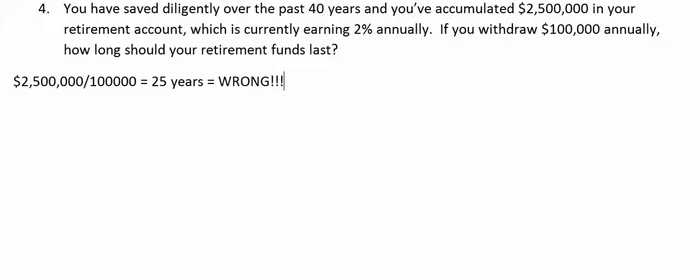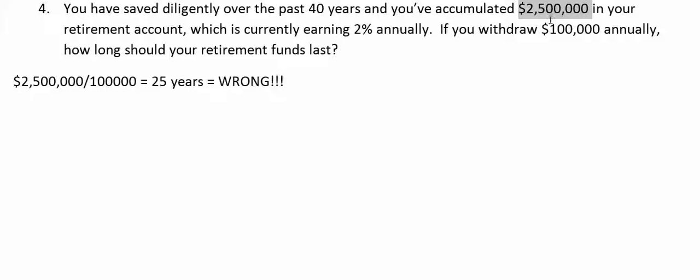The reason it's wrong is because you're ignoring the fact that the $2.5 million is earning 2% until you withdraw your $100,000, and then you're left with $2.4 million plus the interest it earned the first year to earn interest the next year. Then you'll take out your next $100,000, and what you still have left will earn interest of 2% the next year. So you're not just withdrawing.